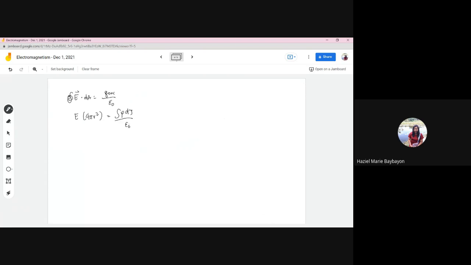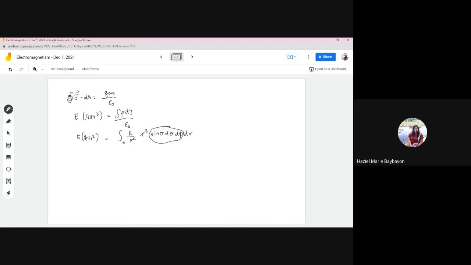Here rho is k over r squared, and d tau is r squared sine theta d theta d phi dr. So we can cancel this out, and we know already the integral of the angular part. What we need to integrate is dr.